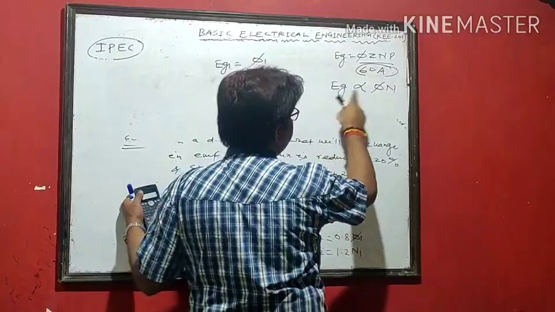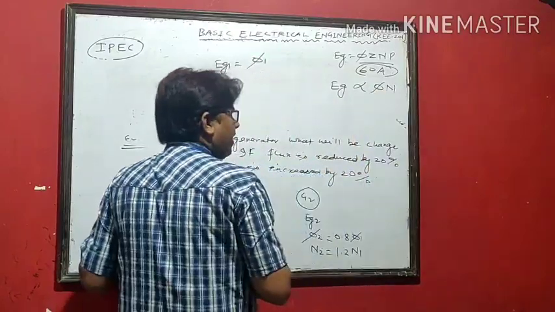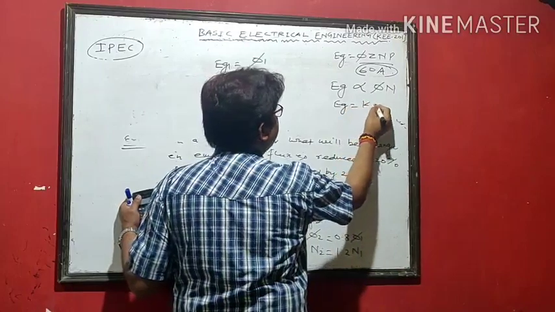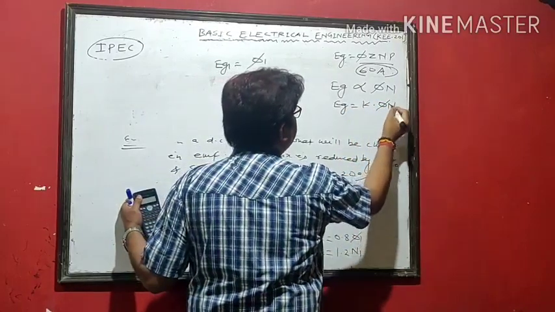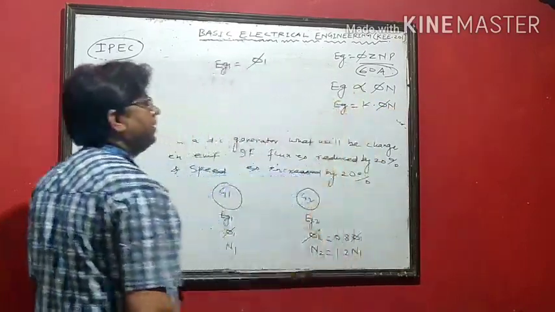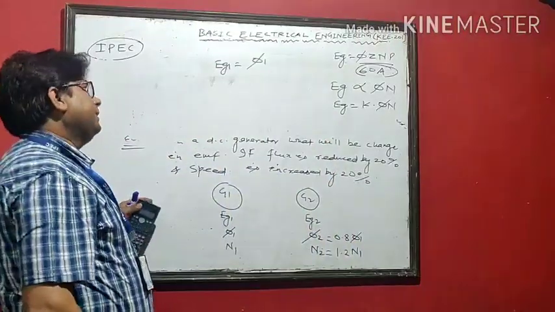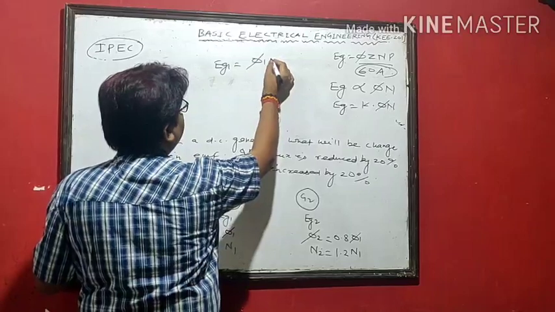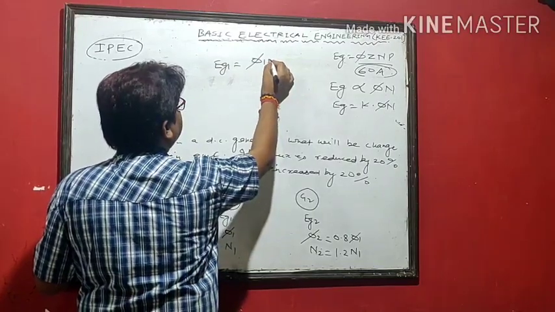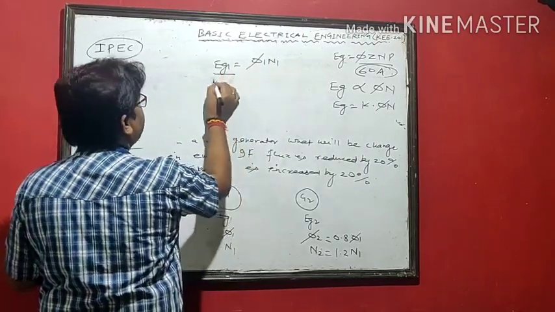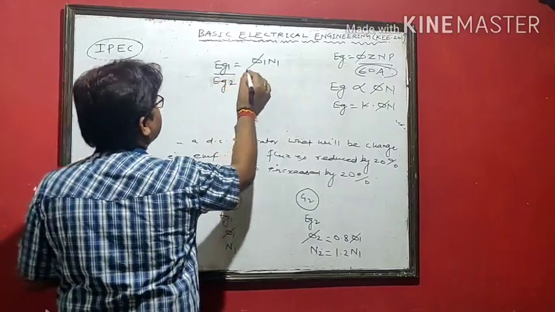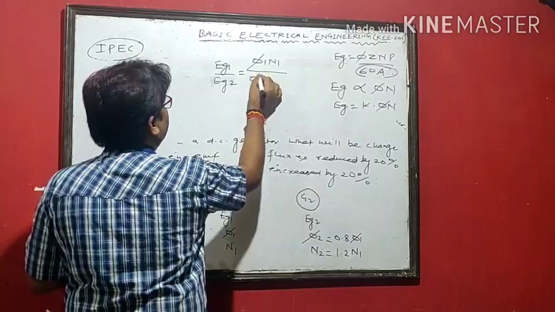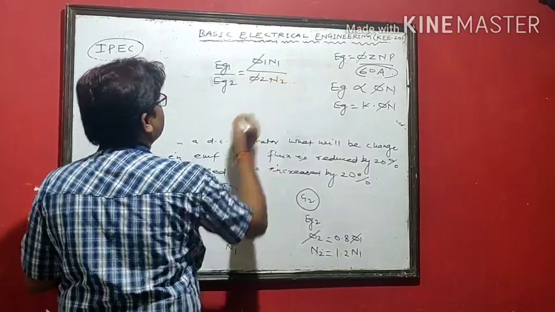So EG equals K phi n, where K is the constant. Similarly EG1 divided by EG2 equals phi 1 n1 divided by phi 2 n2.